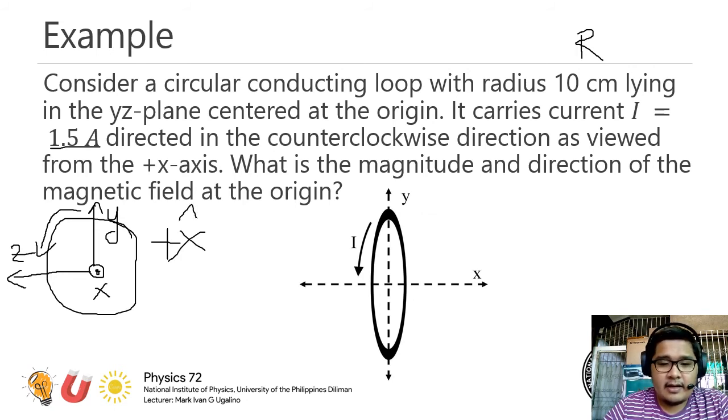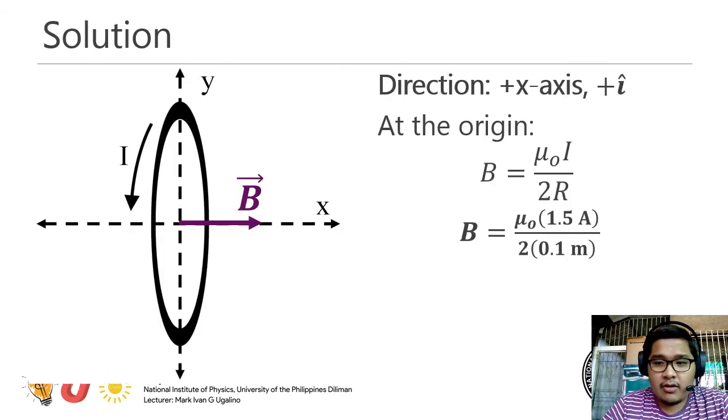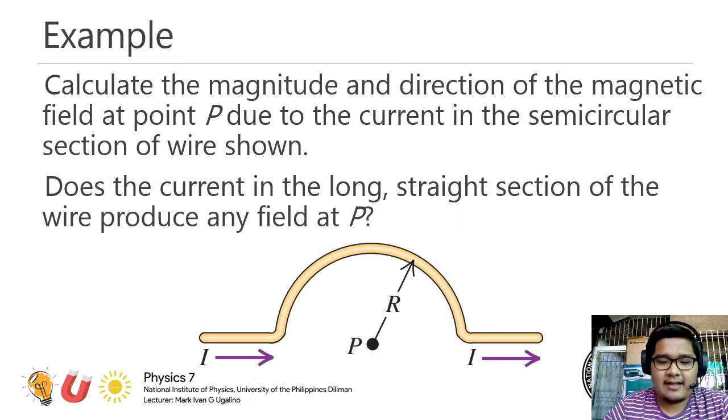Regarding the magnitude, we just have to use the expression. It's just mu naught I over 2r, right? That's what we got earlier. So doing your mu naught I over 2r, what you get is that.